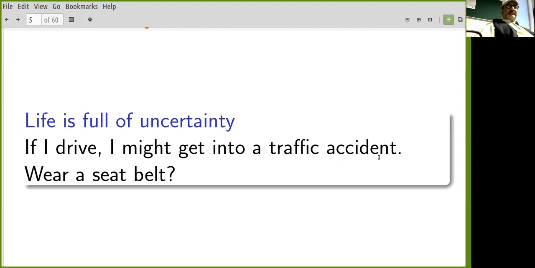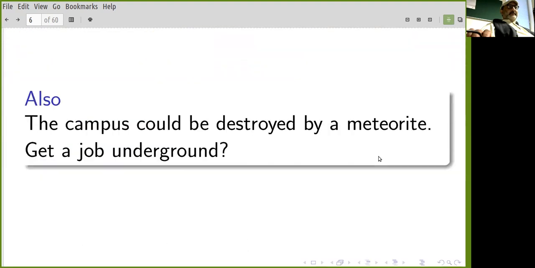And so it makes sense to wear a seatbelt, right? There's another possibility, and that is that this entire LUMS campus could be destroyed by a meteorite. Maybe if I'm worried about that, I would try and get a job underground.